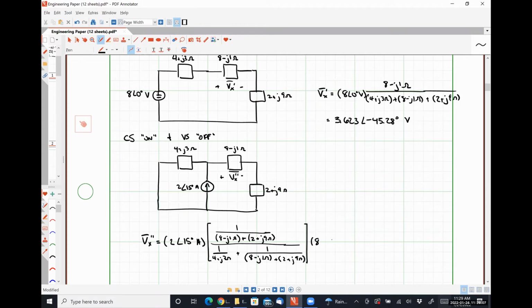And then I multiply all of this by 8 minus J1 ohms. And current times impedance gives me voltage.